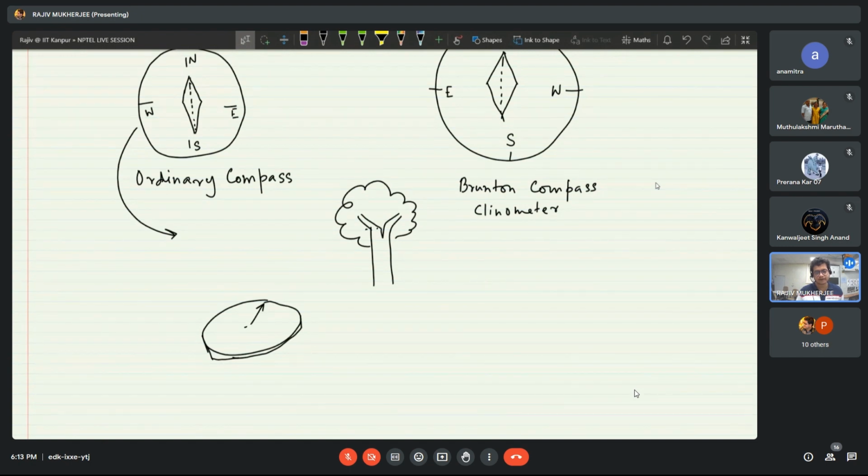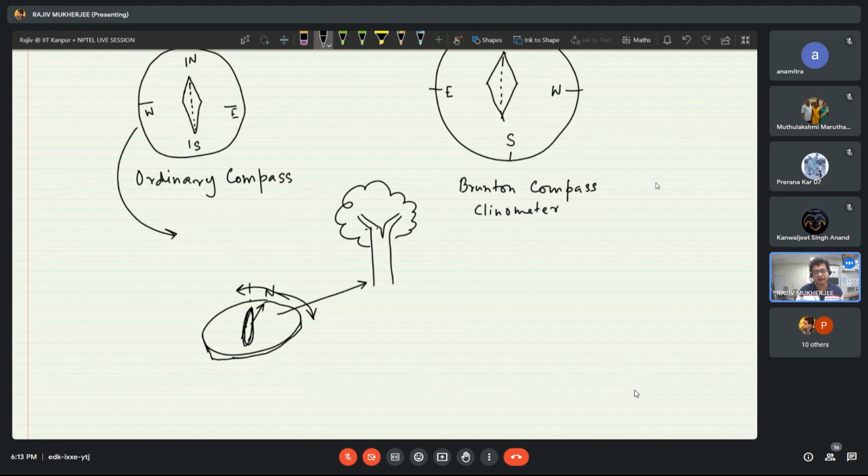Now, if this is the north direction, the needle will of course be aligned like this, right? But when I rotate my direction towards this tree, this needle, while it is trying to maintain the direction towards north, will rotate further in this direction.